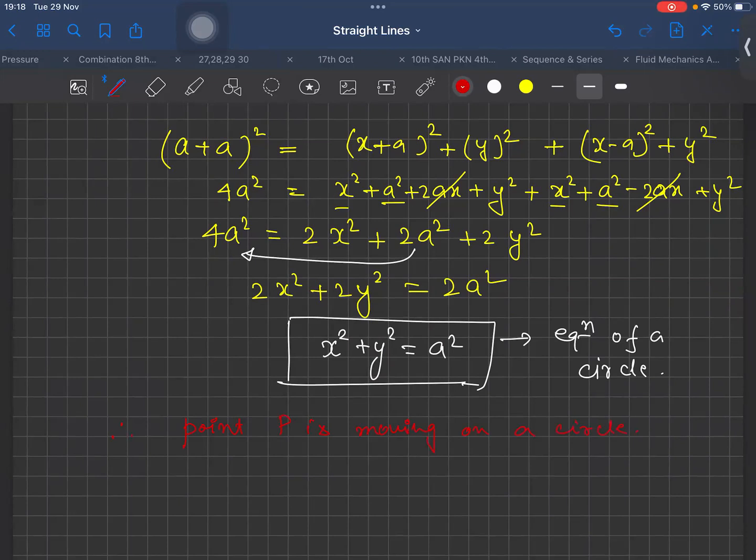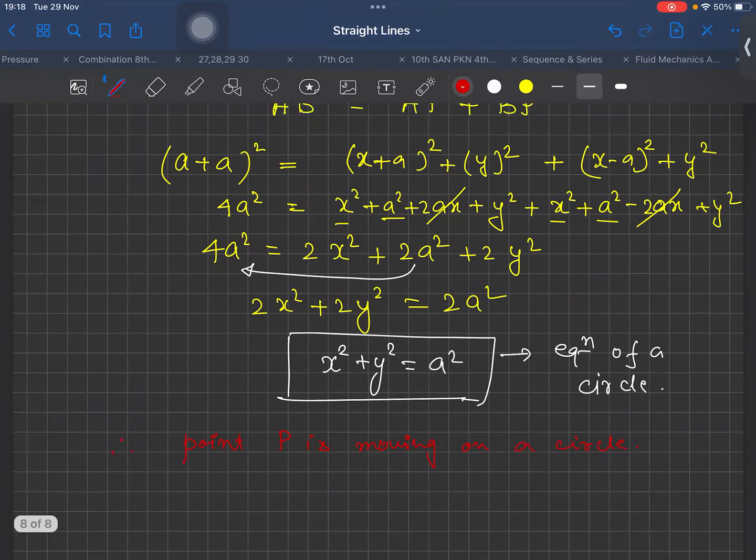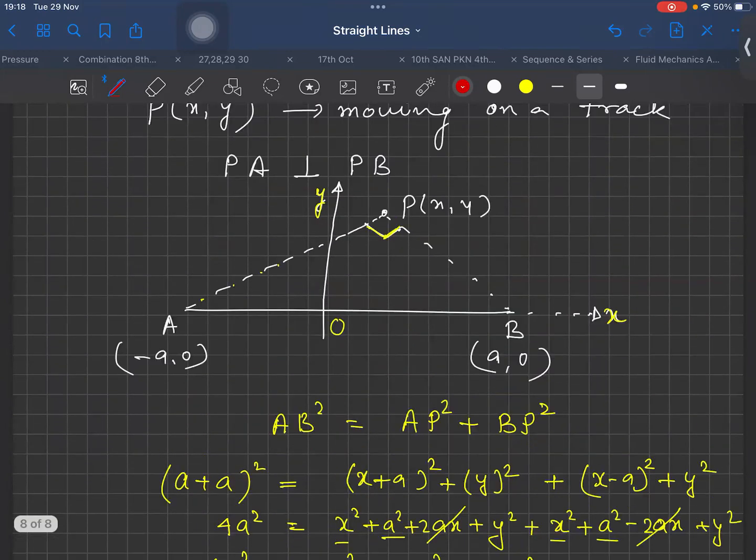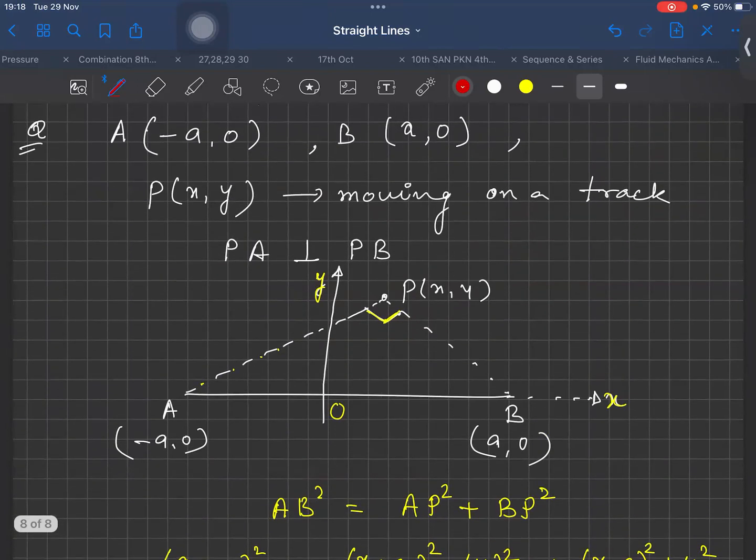You don't have to write it if you don't know. That means point P is moving using this equation. So why did we do this? This is just to show you, with the given information, how we find the locus of point P. There are different methods that we can use to solve it.